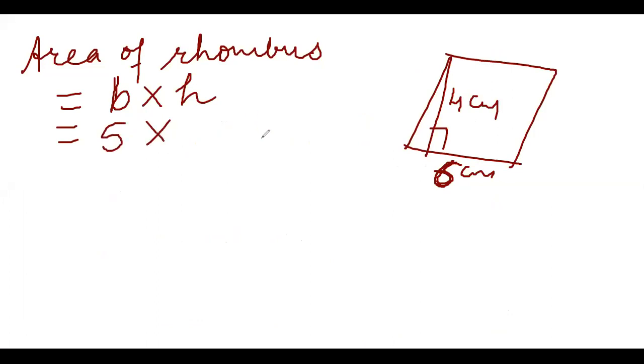5 into 4.8. It will be 24 centimeter square. Now area of rhombus here we have found using base and height.